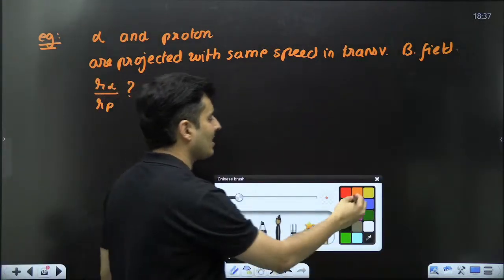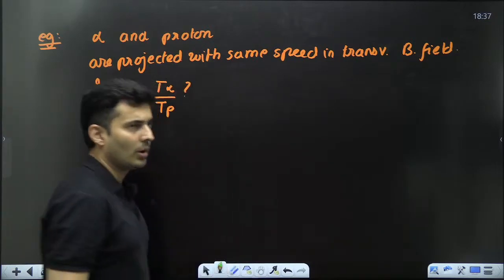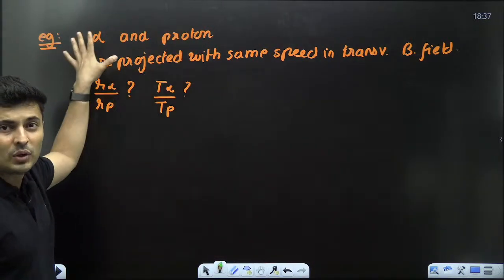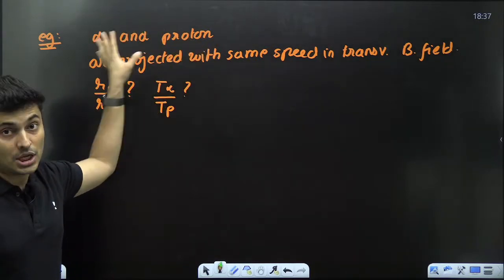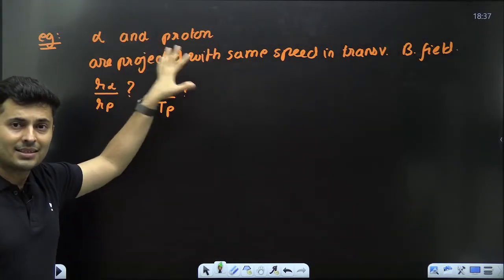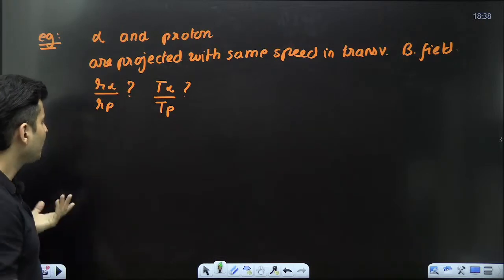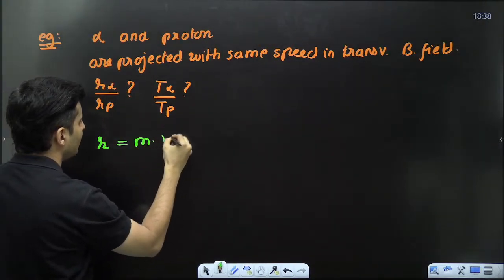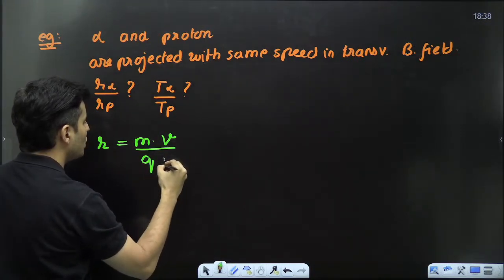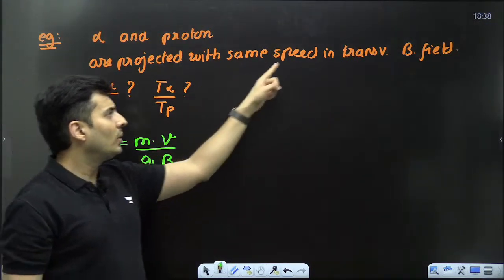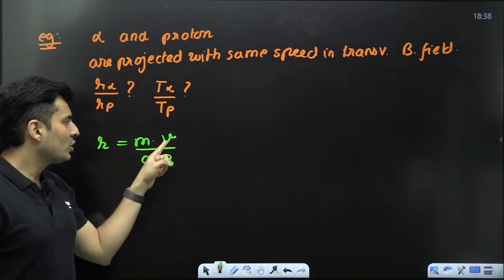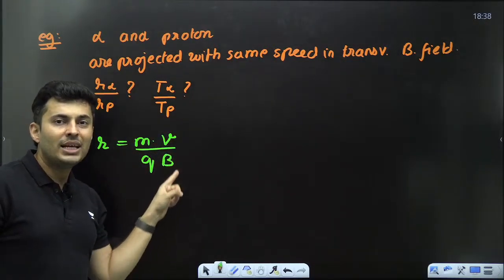All right, so let's think, how do we solve this particular problem? Alpha particle and proton, if you notice, their masses are different, even their charges are different. Masses and charges both are going to be different. If you talk about the radius, radius is mass times velocity divided by qB. It's being thrown in the same magnetic field with the same speed, so v and B are the same.